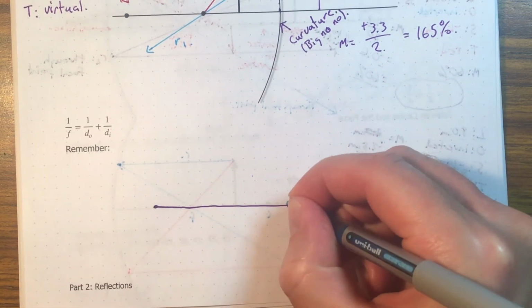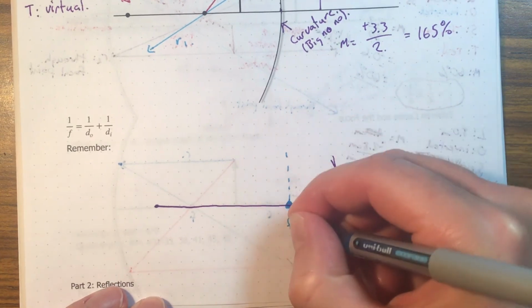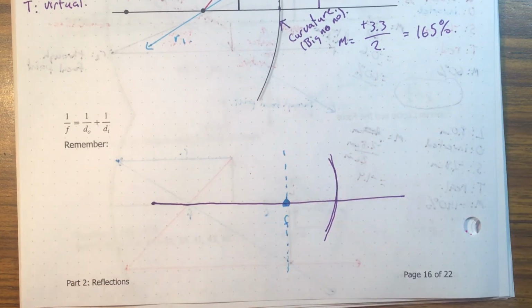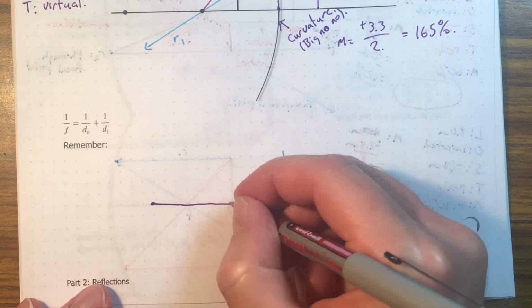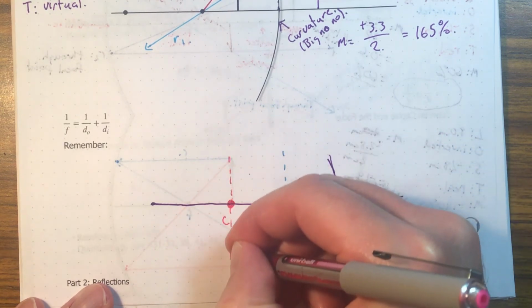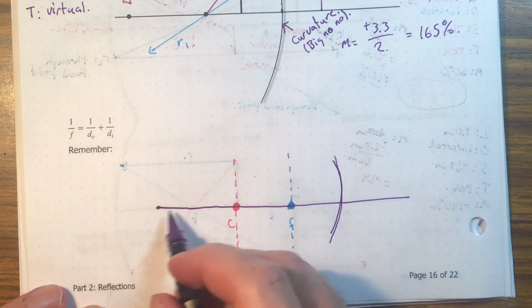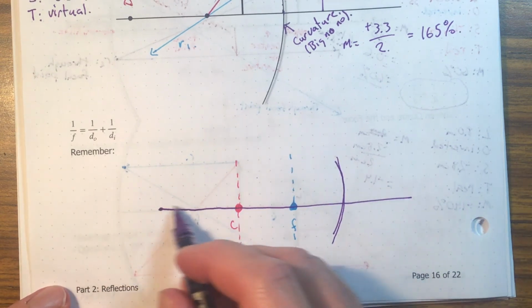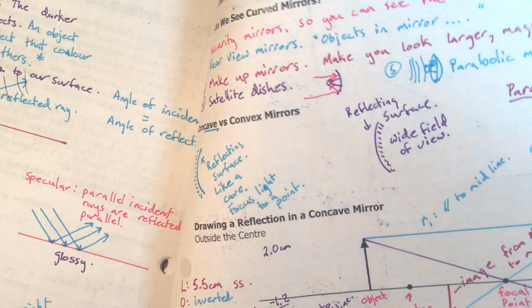If right here is our focus, and then right here is about double, our center of curvature. The location of the object: if the object is in this area, outside the center, we're going to get a smaller, inverted image.